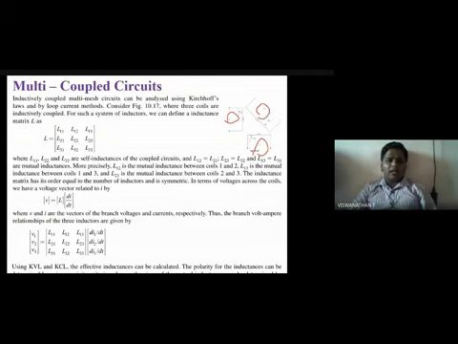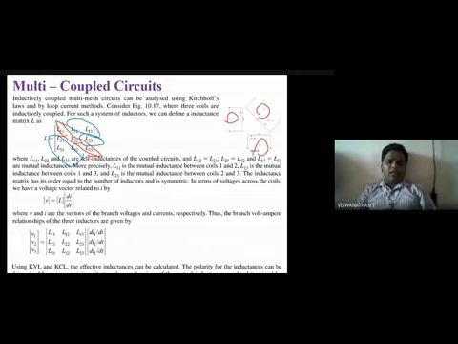It's similar to your mesh analysis. L1, L2 and L3 are self inductances. L12, L23, then L13 are mutual inductances. For understanding, they are given as L, but actually they are M. We write in the V is equal to IR form, then apply KCL and KVL.